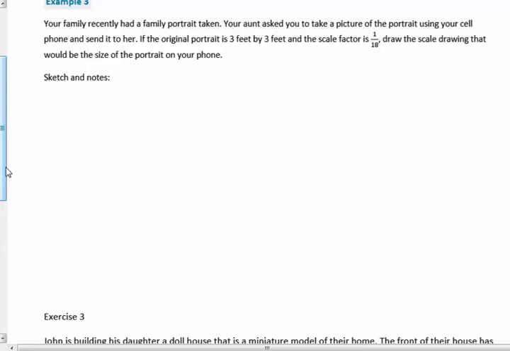So, some notes here that I'm going to make, a sketch and notes. I know that 3 feet equals 36 inches. And 36 inches times that scale factor, I'm reducing it, tiny, tiny, tiny, times 1/18, would give me the fraction, oh look at that, it cross cancels.